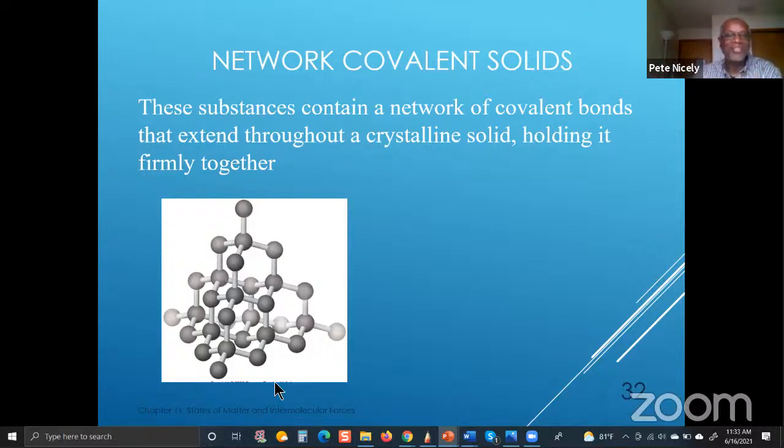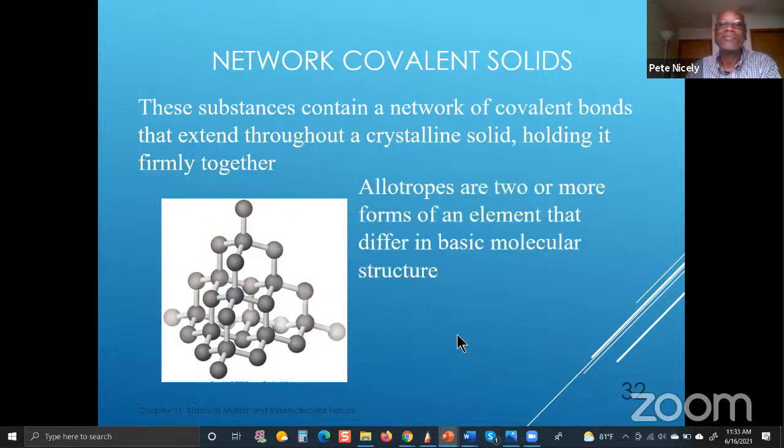And that continues throughout the entire structure of diamond, all right? And this is the reason why diamond is the hardest known substance ever. Well, hardest known element, at least. I think silicon carbide is harder than diamond, all right? And it has a similar structure as well.